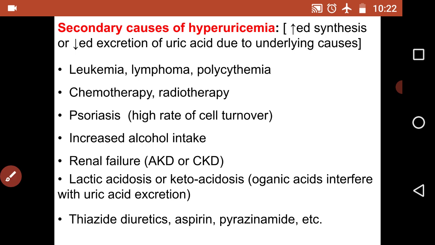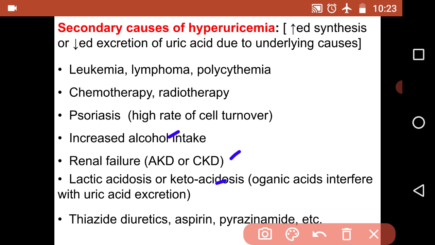This is because during alcohol intake, lactate will compete with uric acid for its excretion, and in lactic acidosis and ketoacidosis also, the lactic acid and organic acids compete with uric acid for its excretion at the renal tubular cells, and during renal failure there is failure to excrete uric acid by the kidneys.